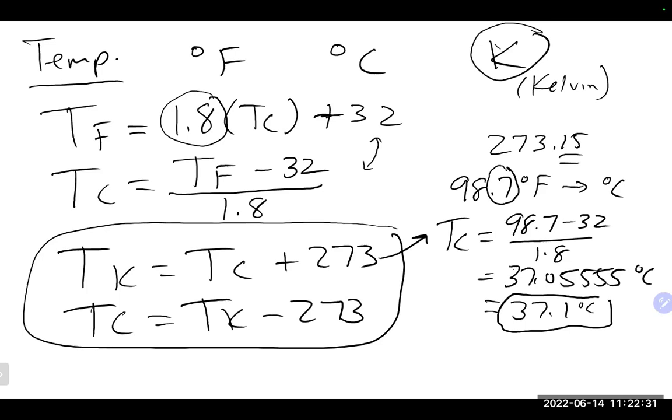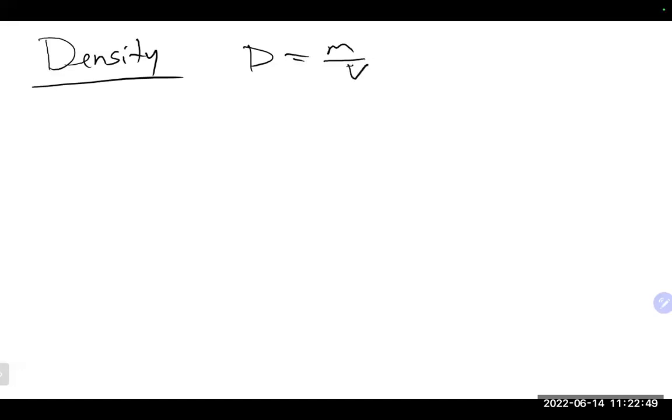Okay, so the last thing we're going to review then is density. Density is equal to the mass divided by the volume. And we can rearrange this in a few different ways.